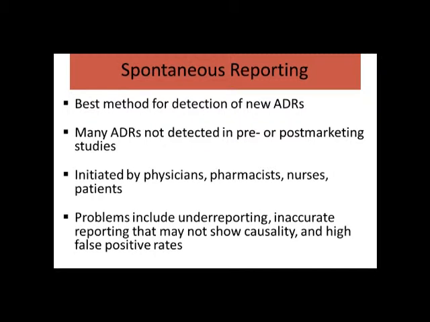The best example would be the yellow card system, which is used by one of the countries in Europe, and it's very famous because you need to fill in a form if you suspect an adverse drug reaction in the patients you are concerned with, with the new or the old drug that you are using, and you need to drop this yellow card with the concerned authorities, basically local authorities, and they will then look into all those things.